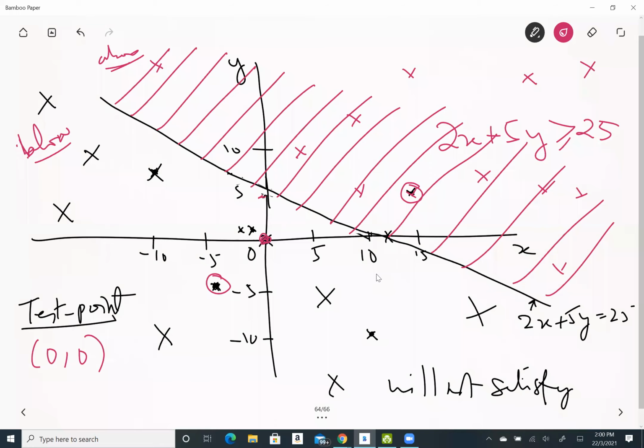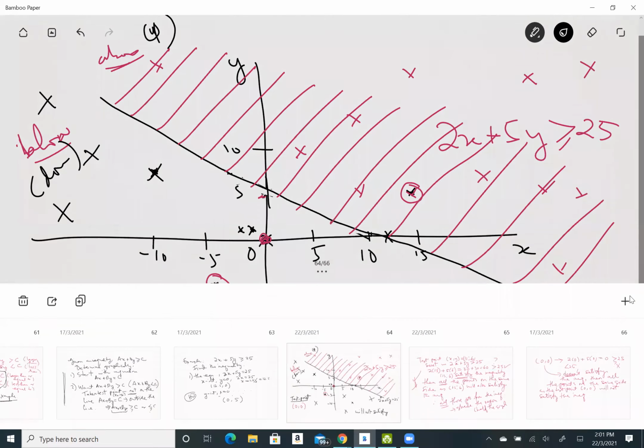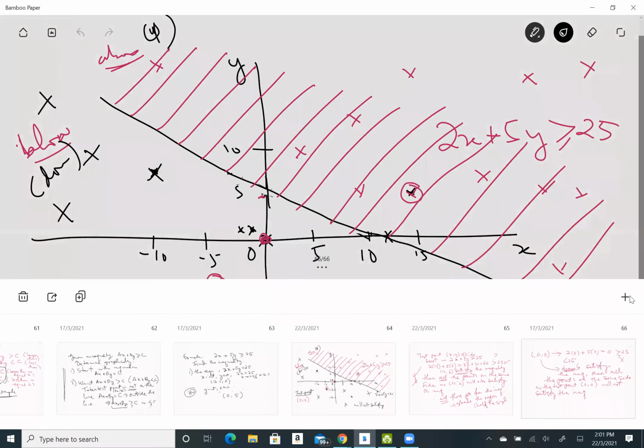All right, so we did that. How do we determine the inequality? We just take a test point. So that is case number 1.